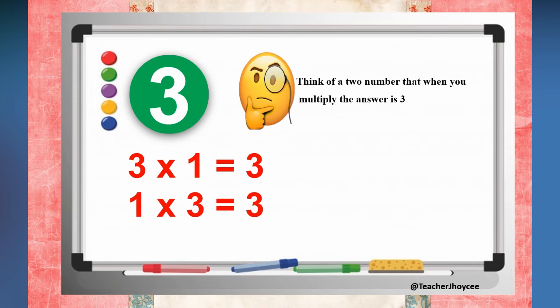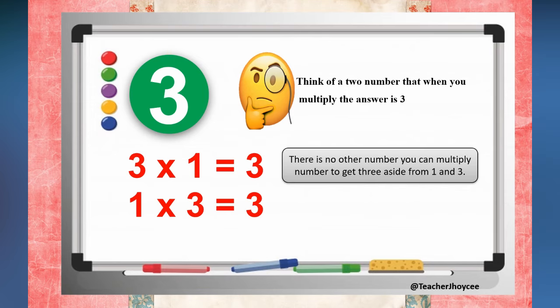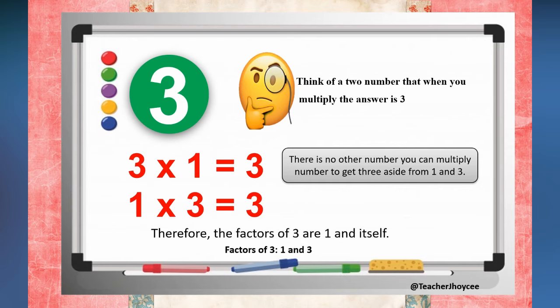We can say 1 times 3 is equal to 3. Or we could write it as 3 times 1 is equal to 3. There is no other number you can multiply to get 3 aside from 1 and itself. Therefore, the factors of 3 are 1 and itself.